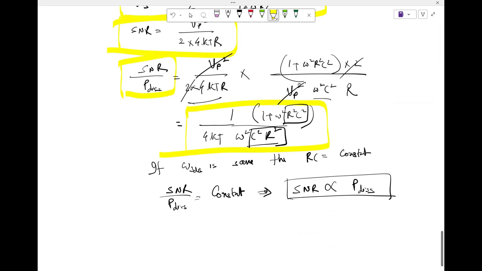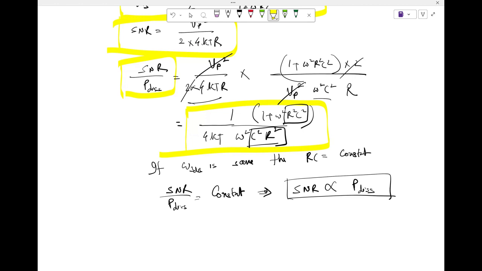So now I am staring at this equation and trying to figure out, I have got some signal to noise ratio, right? So let's say I got 10 dB signal to noise ratio. Ratio I can always express in dB. I want to increase the signal to noise ratio by another 3 dB. I have to double it, right?